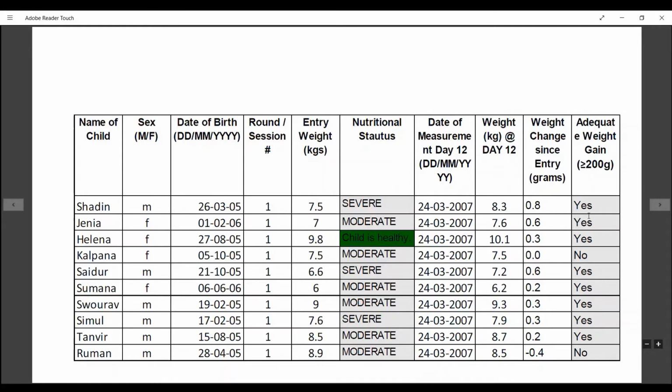So yes, if the child has gained 200 or more grams, and no, if the child did not gain 200 or more grams. This is easily calculated by subtracting the weight on day 1 from the weight on day 12.